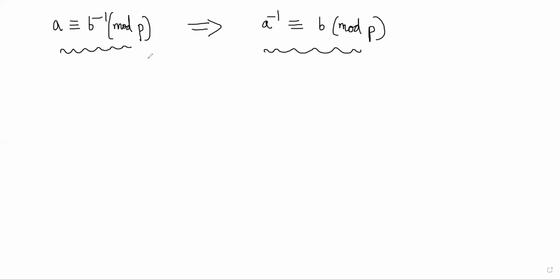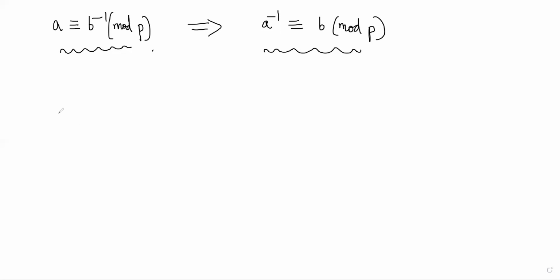It is a one-to-one correspondence. Basically, I'm saying if A is equal to B inverse, B is equal to A inverse, as long as you have the same mod.